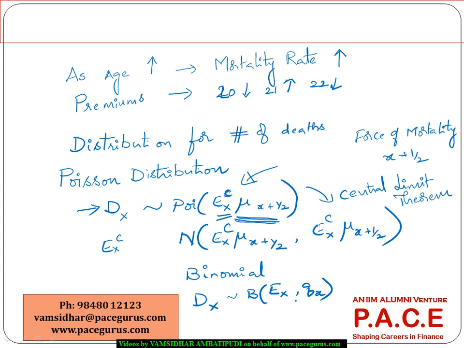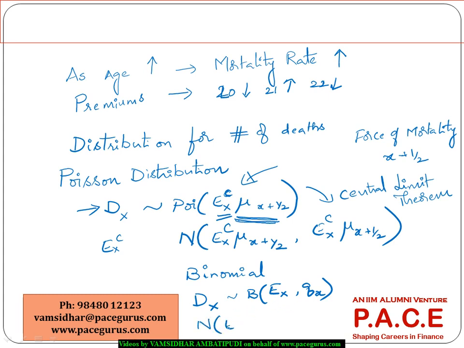I am taking the probability of death within the next 1 year, the discrete probability of death within the next year. So this is the model for the deaths, and again here also, if the Ex is very large, the binomial distribution will get approximated to a normal distribution.